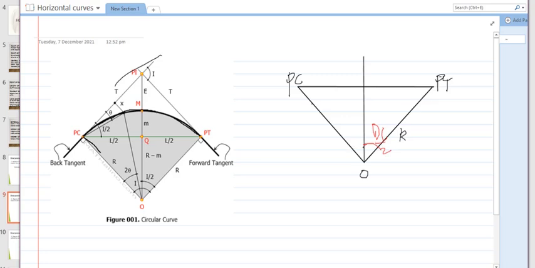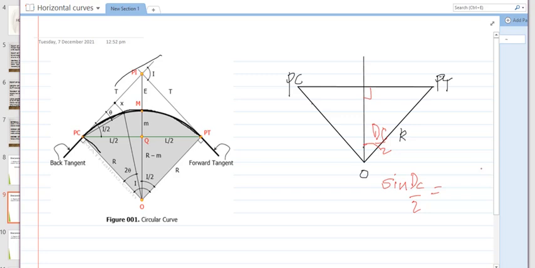So the whole angle is I. Analyzing this triangle, sine of this angle DC over 2 is equal to, using the metric system, the standard central angle subtended by a chord of 20 meters.